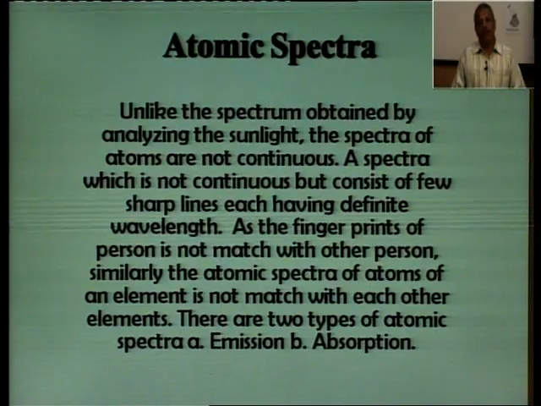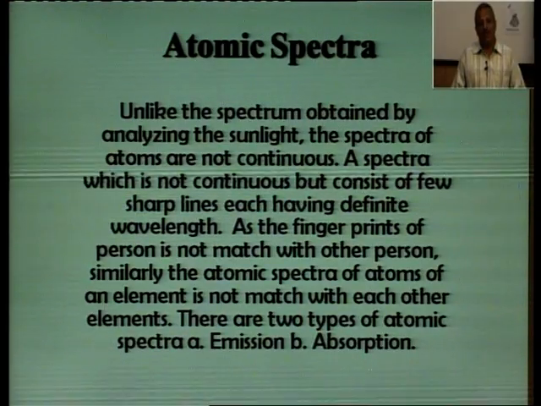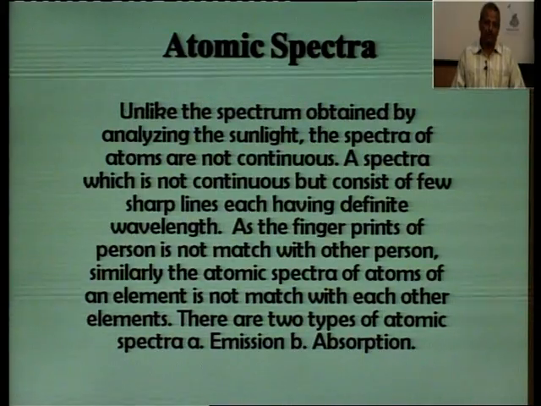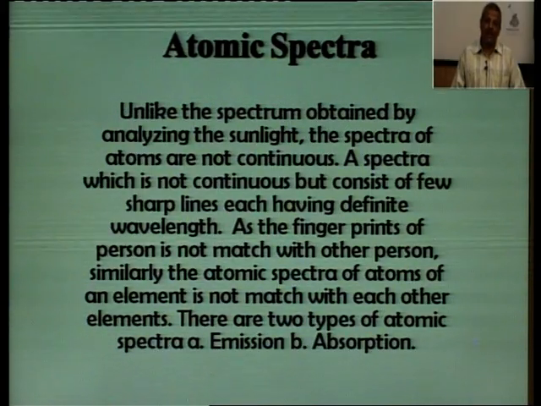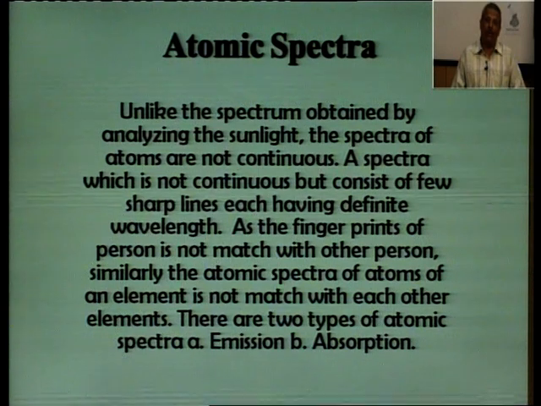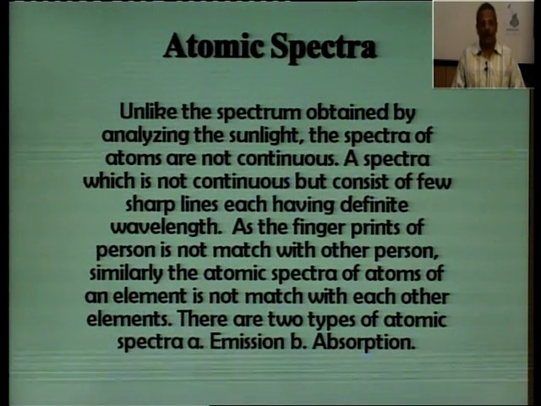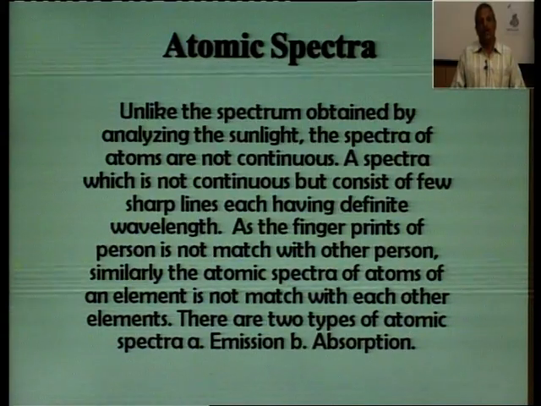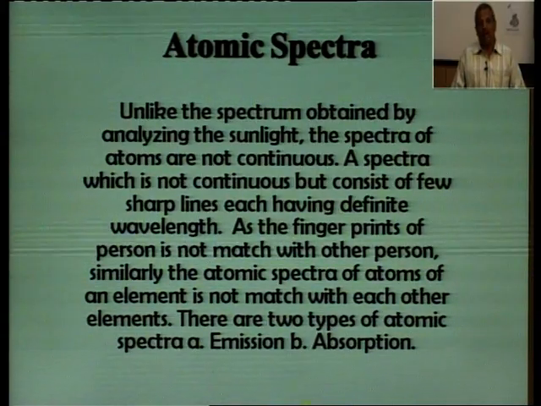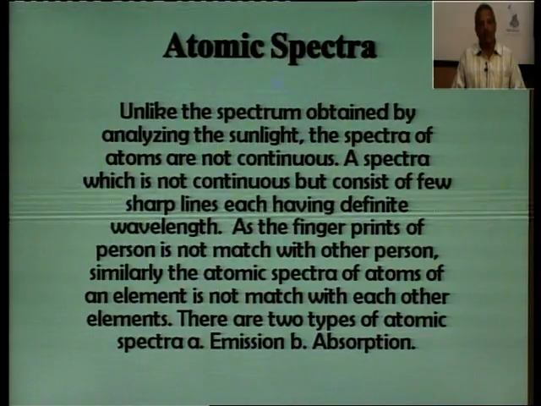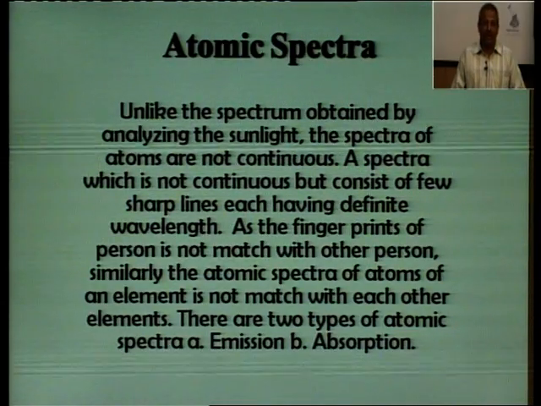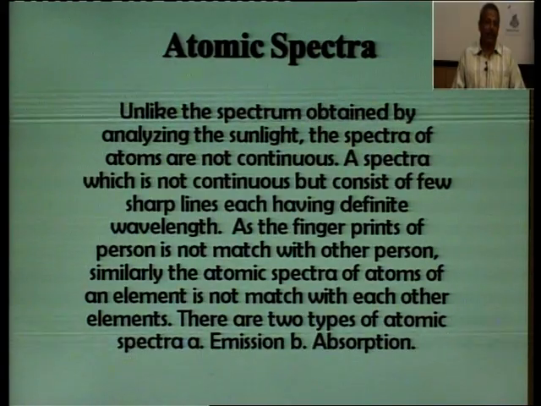Unlike the spectrum obtained by analyzing sunlight, which is continuous, the spectra of atoms are not continuous but consist of a few sharp lines, each having a definite wavelength.